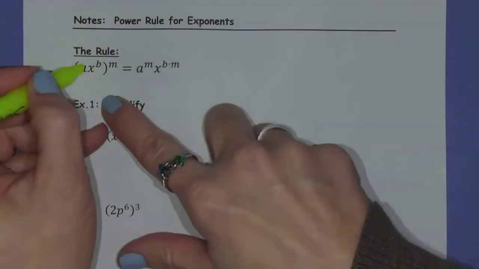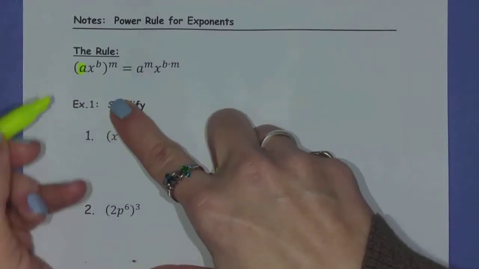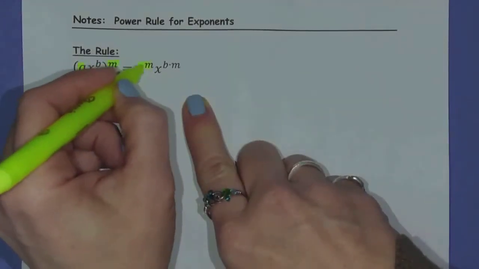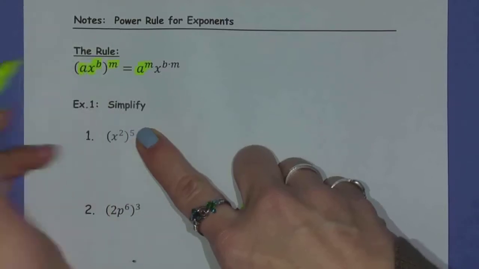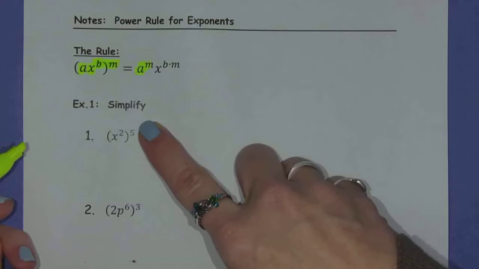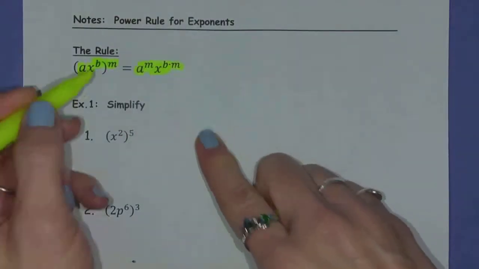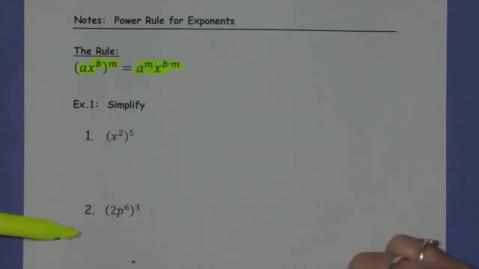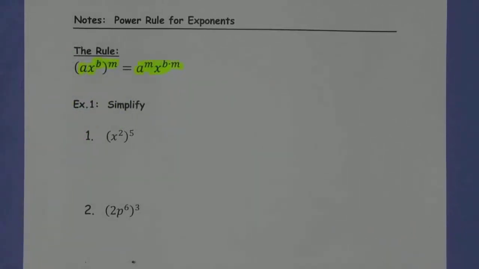So the coefficient of the x gets raised to the mth power. You see that right here. But then with the x to the b, x gets raised to the product of b times m. So what the heck is going on there? We have no idea. But I'm going to go through some examples here, and hopefully we'll come full circle and you'll understand why this rule is what it is.